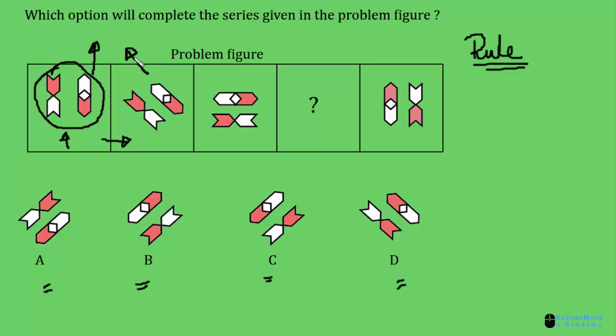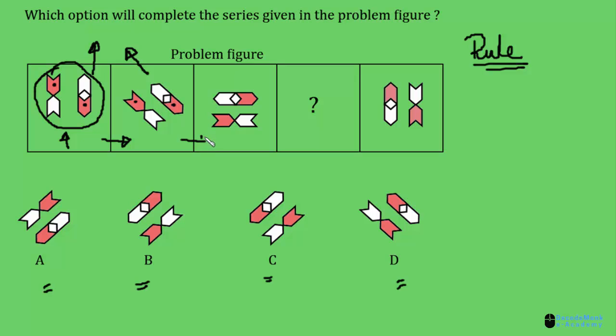That means it seems to be rotating in a counterclockwise or anti-clockwise direction. Again, the direction is over here. Yes, this color is over here and this color is over here. By observing carefully, you can see that the figure has rotated in an anti-clockwise direction.